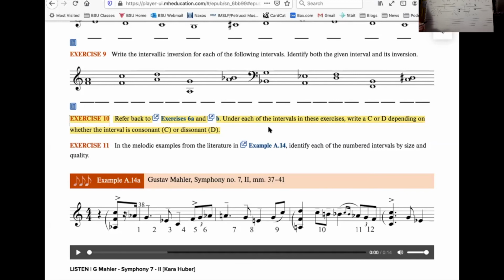So remember that the consonant intervals are the perfect intervals except for the perfect fourth, which isn't always consonant. Also, the thirds and the sixths are consonant. The other intervals, the seconds, the sevenths, all of the augmented and diminished intervals, those are dissonant intervals. Okay, so let's go back to number 6.